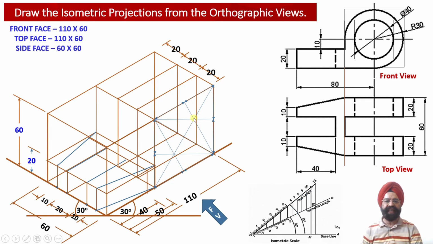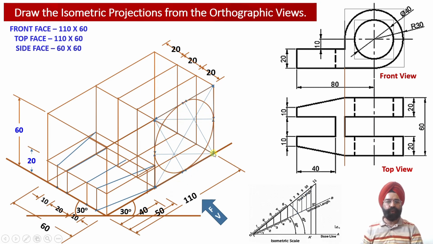Then through the third center point we use this radius and draw the third arc over here. Similarly, through the fourth center point we use this radius and draw the fourth arc over here.